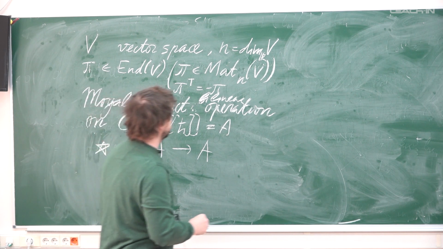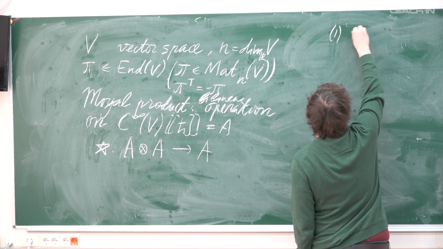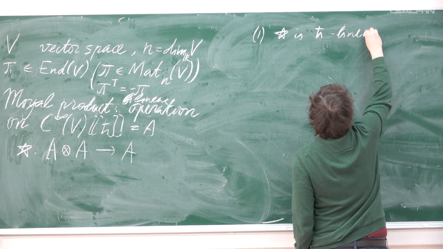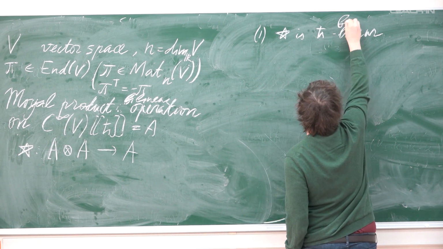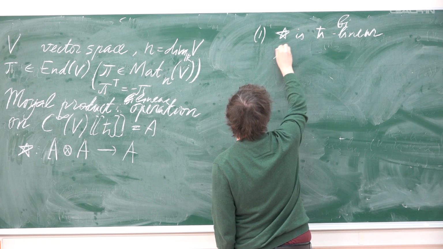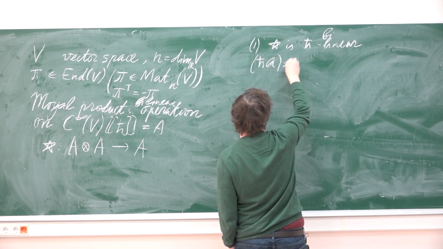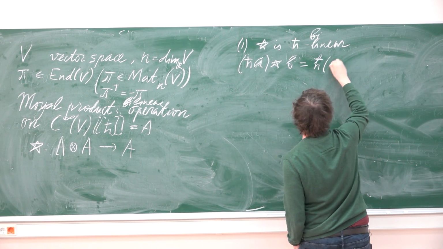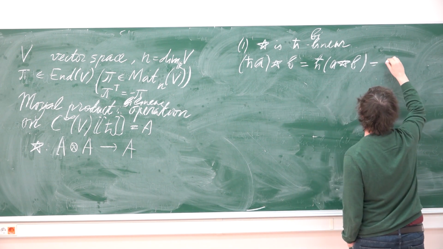So here are the properties finally. So first of all, star is h bar linear, bilinear actually. That is to say, when you take an element A and multiply it by h bar, and you multiply it by B, you get h bar multiplied by A star B, and the same for the right-hand side.